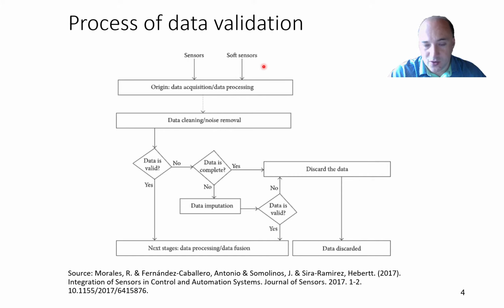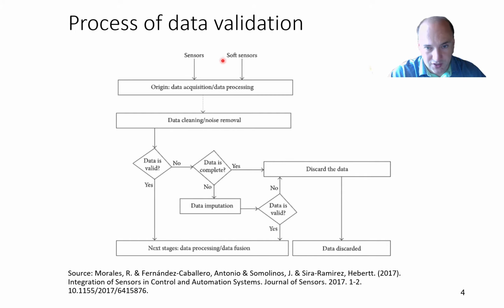You know from thermodynamics that there is an equation that relates the volume, the pressure and temperature, those three variables. So if I measure two, I can calculate the third one. And you can imagine that this is a kind of soft sensor. I don't need a sensor for temperature because I have a mathematical model or some equation that allows me to calculate the variable that I want.